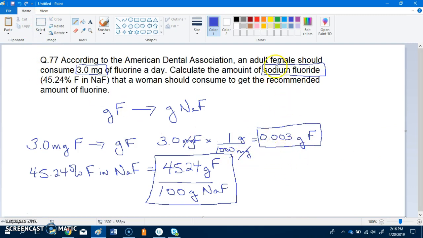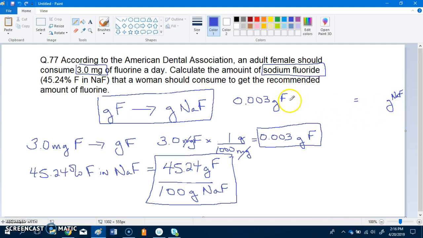So finally, we need to do this conversion. So we are given 0.003 grams of fluorine, and we want to figure out how many grams of sodium fluoride that's going to be. So we're going to multiply it by this conversion factor here, which is that we have 45.24 grams of fluorine in 100 grams of sodium fluoride.